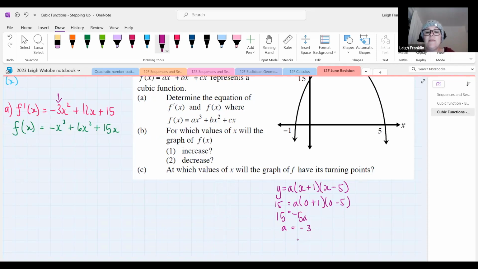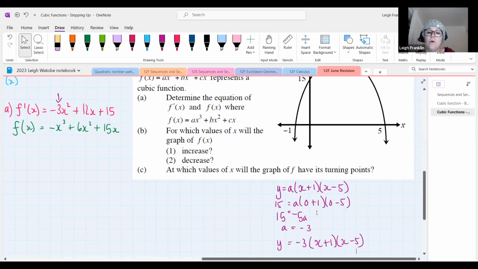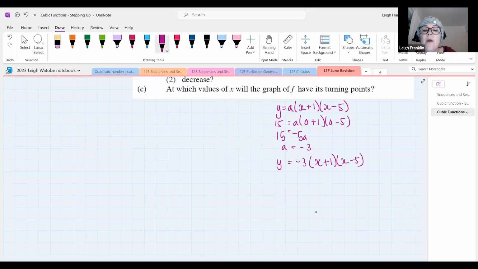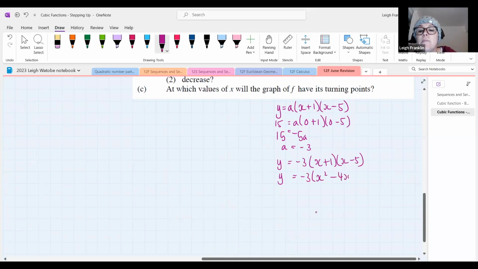Then you've got to take that and go and sub it back into the first line. Y equals negative 3 into x plus 1 into x minus 5. Okay, so once you have foiled out your brackets, you could multiply through by the negative 3. So that gives you x squared minus 4x minus 5.